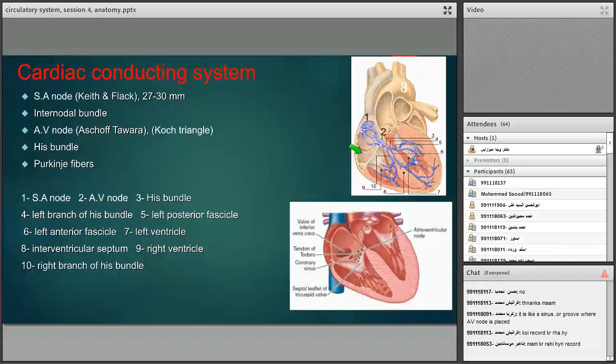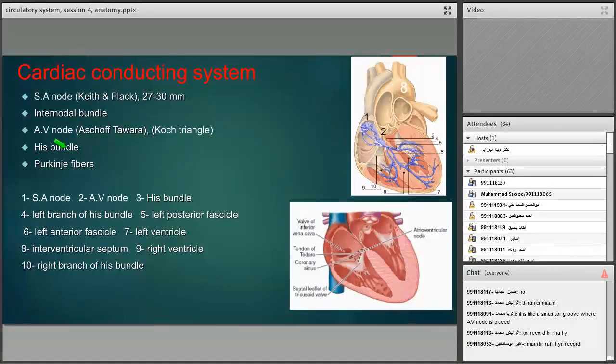There are some bundles between these 2 nodes, which are called the internodal bundles. Mostly they are 3 bundles. Look here, 1, 2, 3. Mostly they are 3 internodal bundles between the SA node and AV node. After that we have the His bundles. His bundles are 2 bundles.